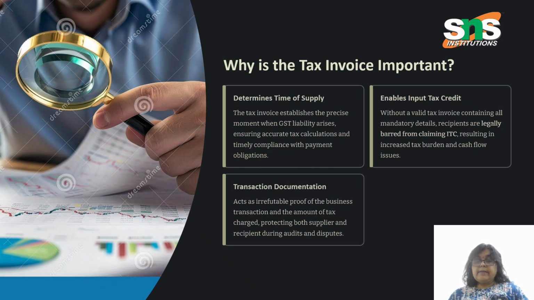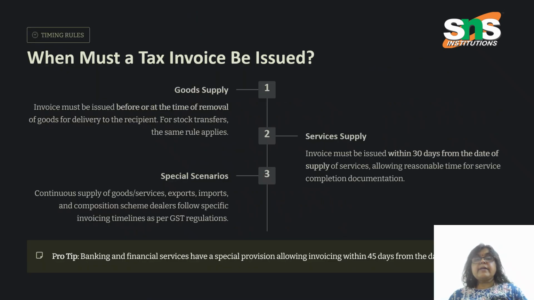So this tax invoice helps us to find out the quantity, the quality, and when, where and how it is being delivered. Some tax invoices give a detailed explanation of everything. Normally, at the time of supply of goods itself, this invoice will be provided.